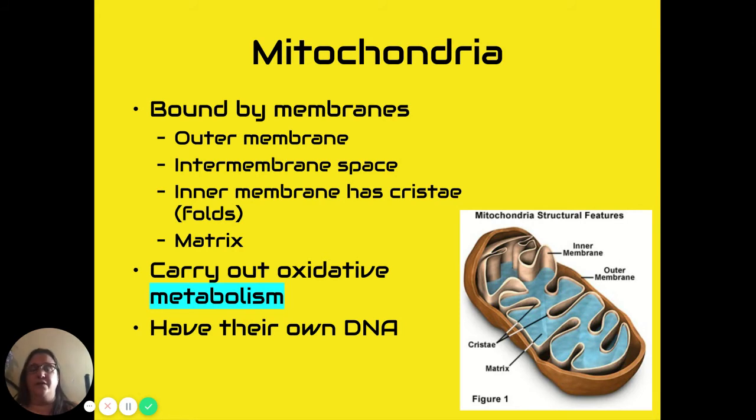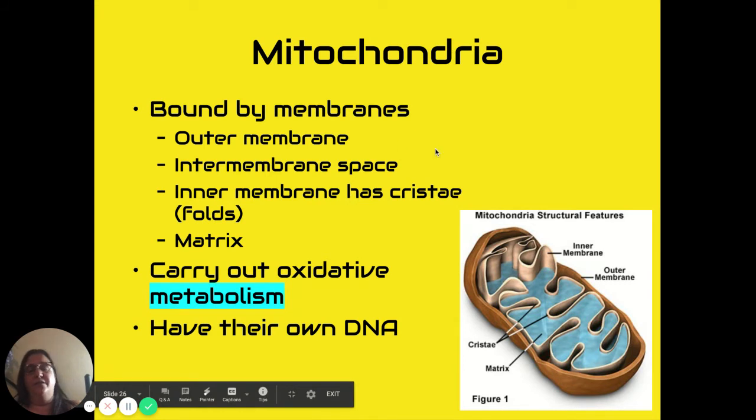So eggs are bigger than sperm. They have all of the necessary cell organelles in them. So when the sperm fertilizes the egg, that's your mom's mitochondria that's in there. So those are going to be self-replicating, and that's what's going to continue. So you have your mom's mitochondria. So you have mitochondrial DNA.